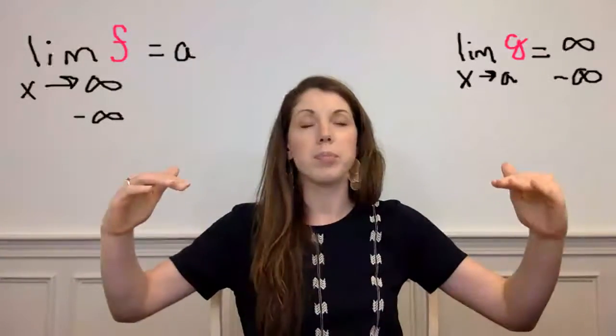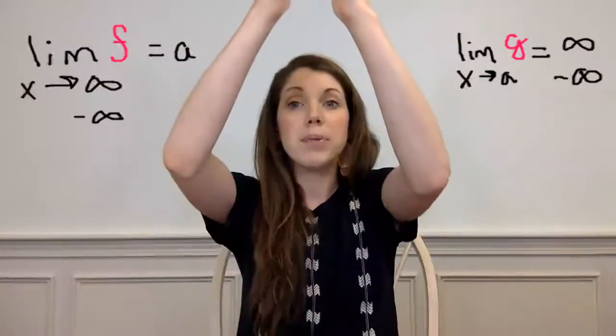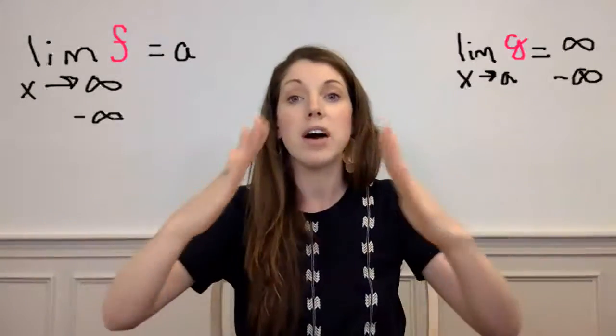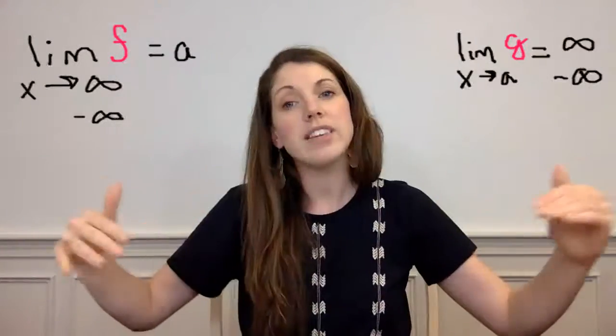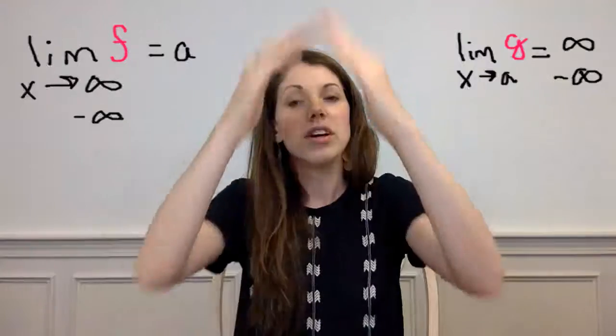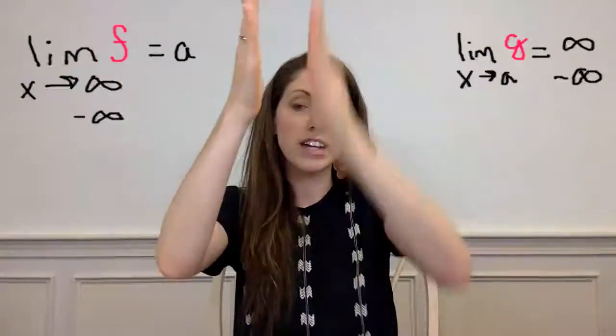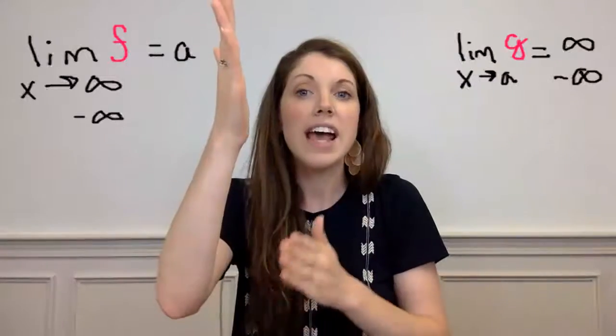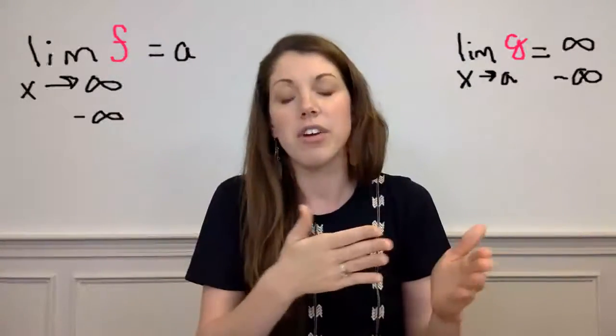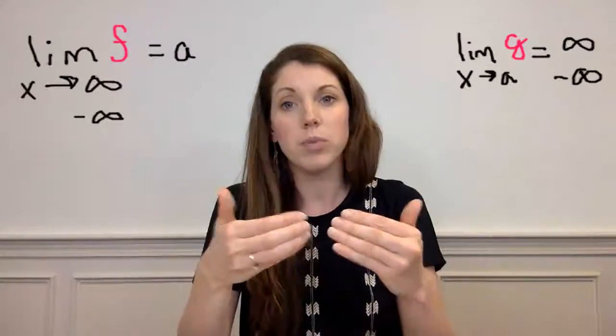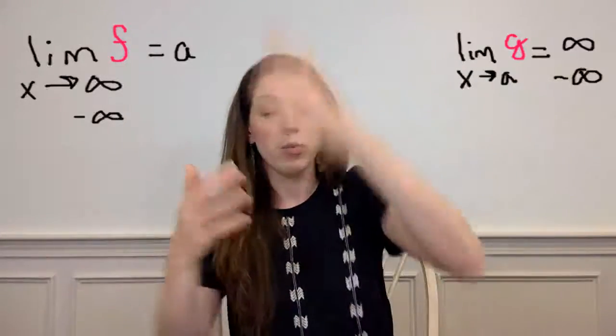We were approaching 0, and the graph went up to positive infinity. What did we find there? Well, we found a vertical asymptote. The graph is approaching positive infinity at that value, so we have a vertical asymptote at x equals 0.